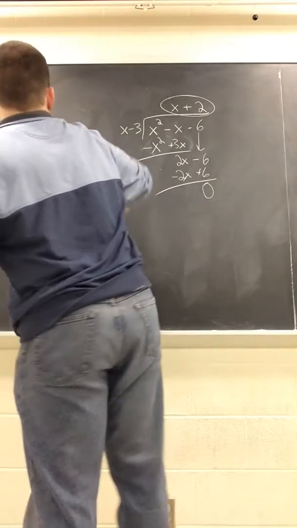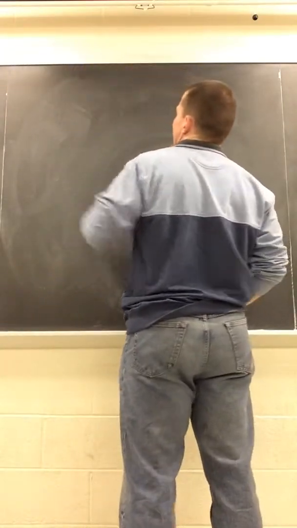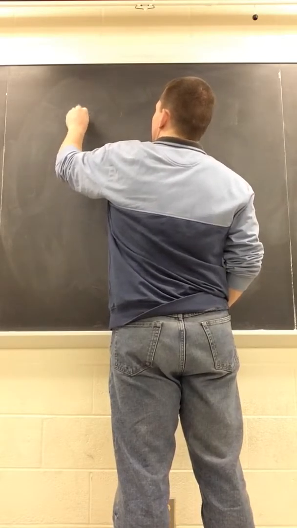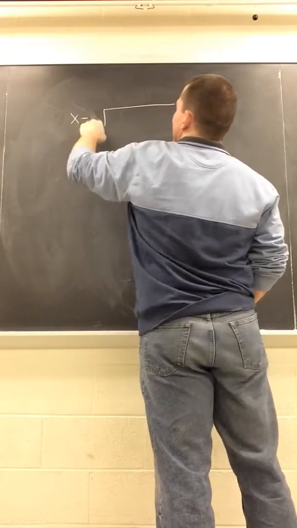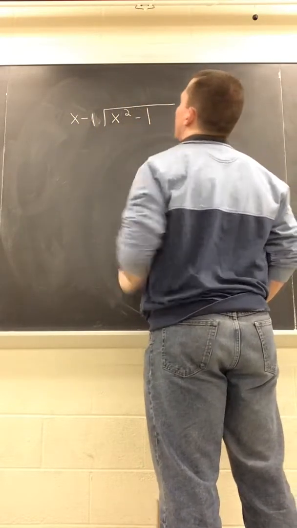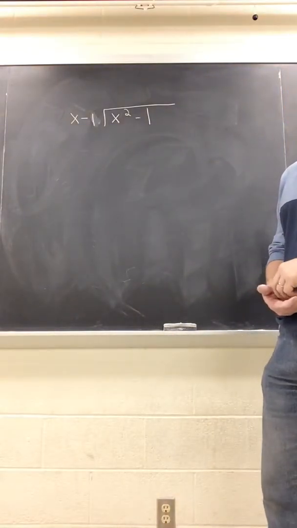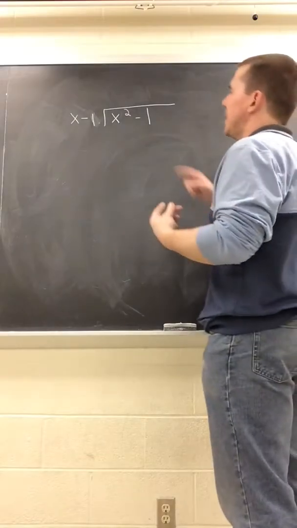So, suppose we have x minus 2 into, actually we'll do x minus 1 into x squared minus 1. Right at the start, well, let's see.